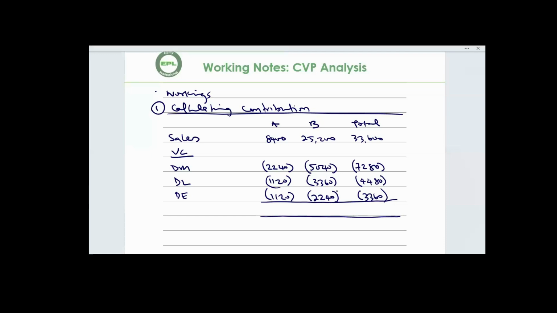I'm looking for the total contribution. So this will give me 3,360 plus 4,480 plus 7,280, then minus the total from sales of 33,600, equals 18,480. So 18,480 is the total contribution that we are looking for. I don't need contribution for each product.